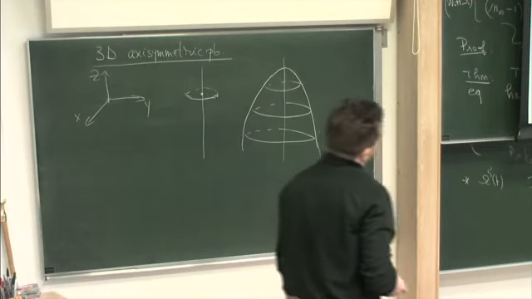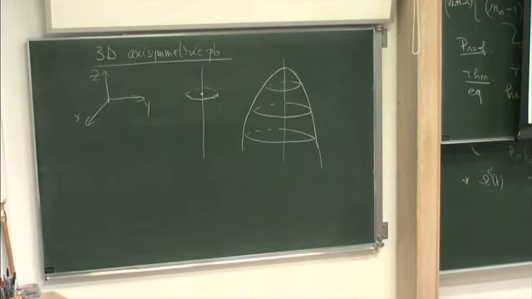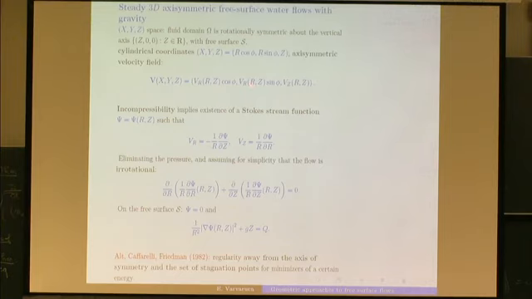We are using cylindrical coordinates for the description. So r, phi, and z, maybe not the most usual notation. The vertical coordinate remains the same, but the horizontal coordinates we write in polar coordinates.